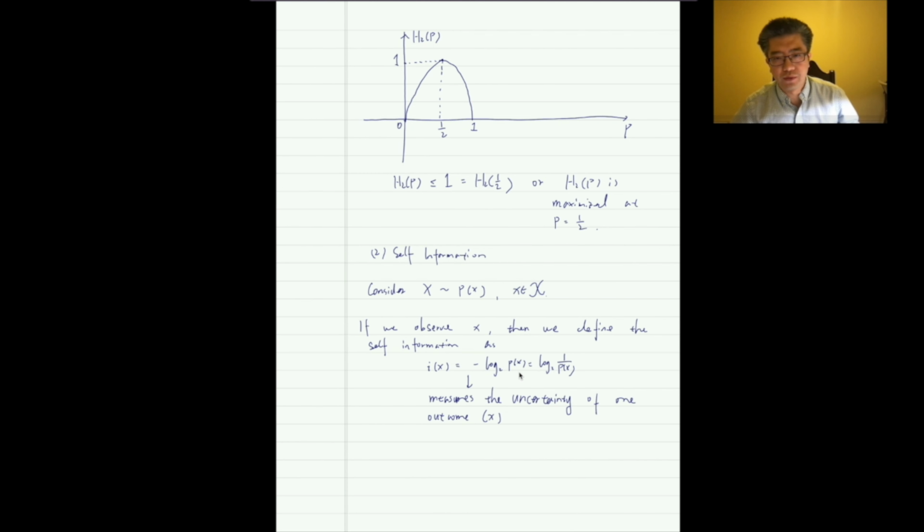For example, if p(x) is extremely small, then this term will be very large, which makes sense. If p(x) is small, it rarely happens, and if it does happen, then we gain lots of information. One good example is the weather forecast in Los Angeles.